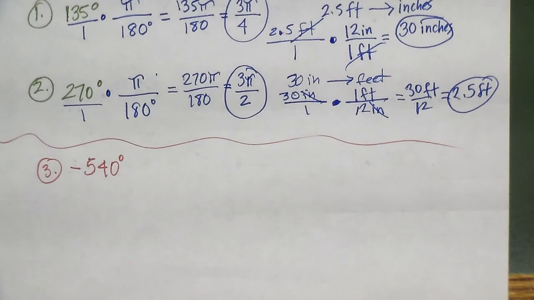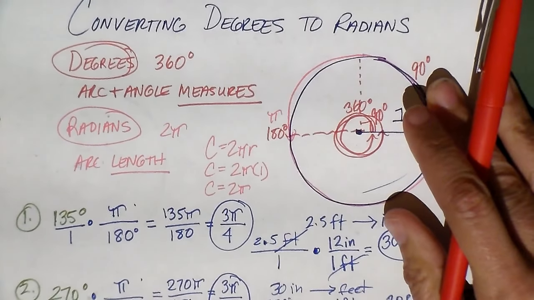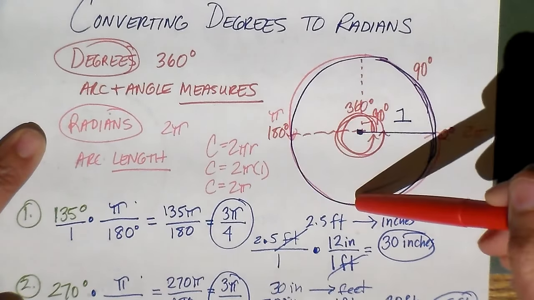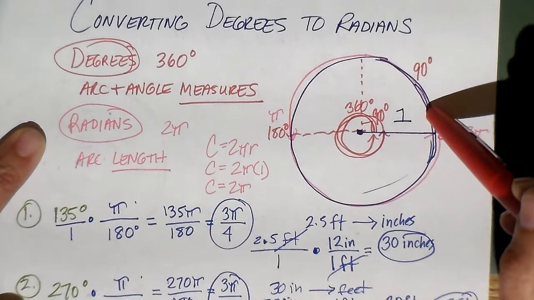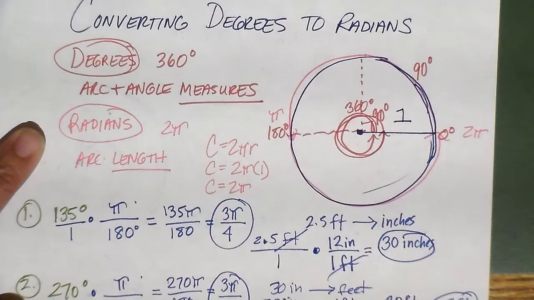I'm not saying that you're going to have negative degrees, but what that means is I'm going to go this direction. It would probably help if I showed you the circle. Instead of going this way until I hit 540, I'm going to go this way until I hit 540. So we're going to go backwards. So you need to count. You're going backwards. That's what the negative means.